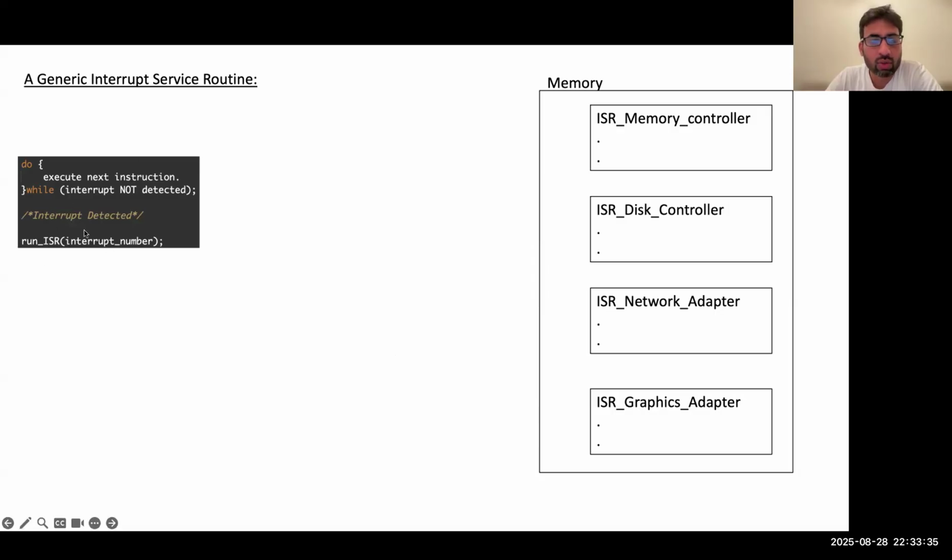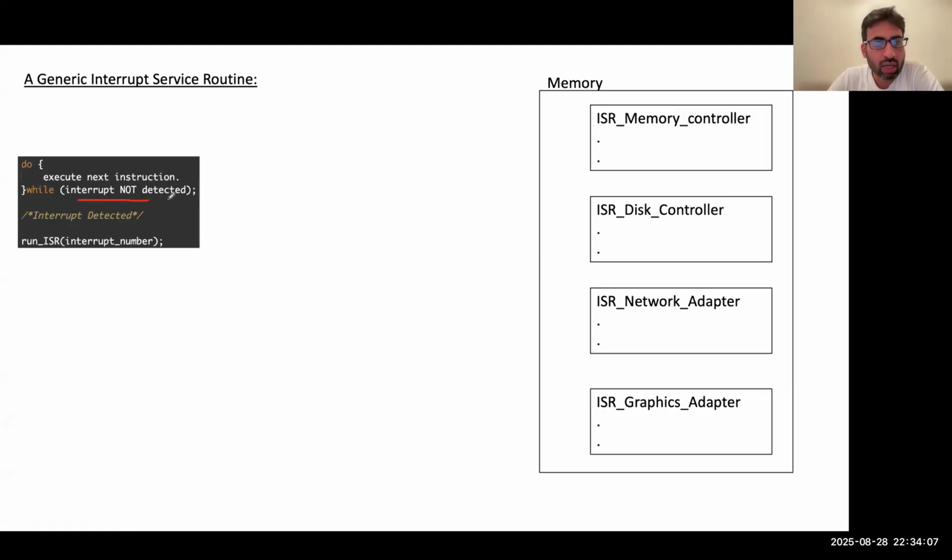On the left, you see pseudocode, which says essentially the same thing we talked about in the last lecture: the operating system keeps monitoring the interrupt signal by checking the interrupt line after executing every instruction. Here it says, execute the next instruction, and then check whether an interrupt is detected or not.